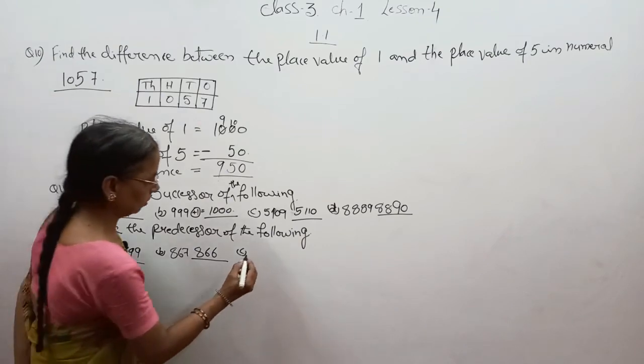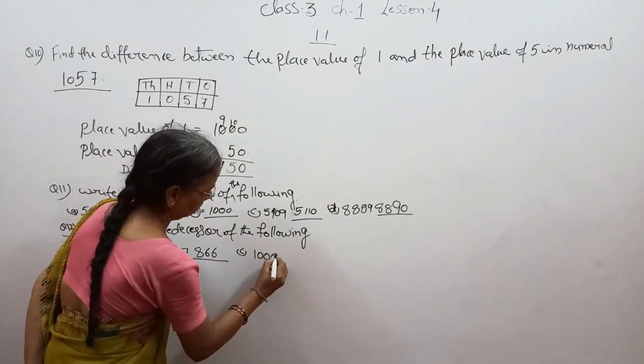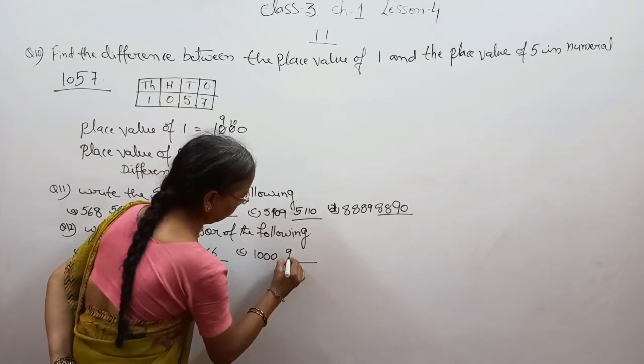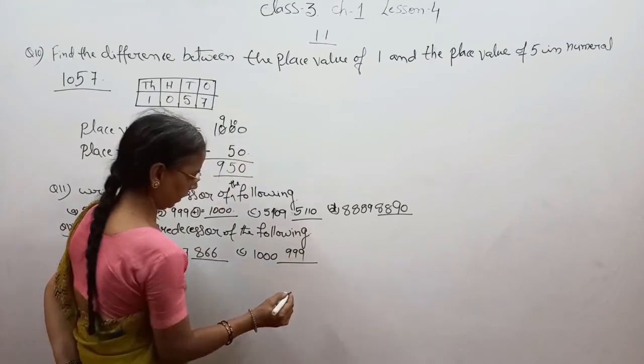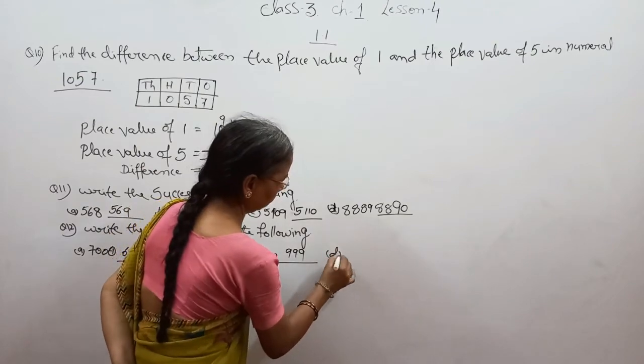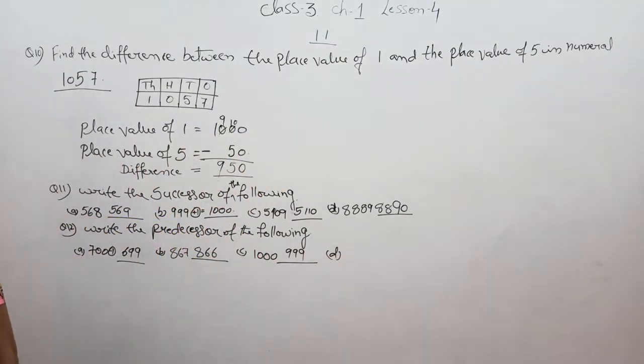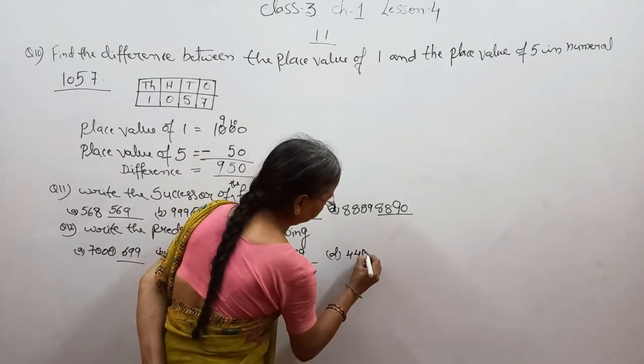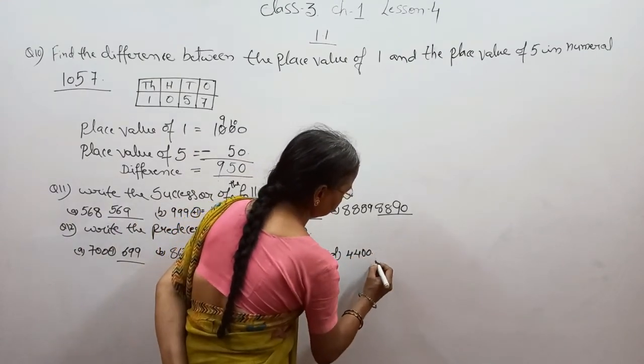Again 1000. If we minus 1 from 1000, then we get 999. Then fourth, 4400. From this we have to minus 1.